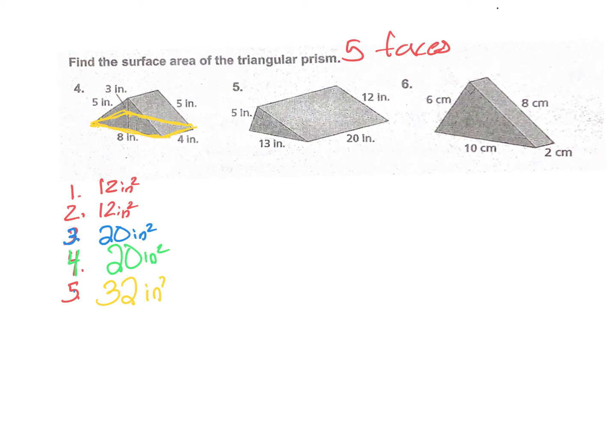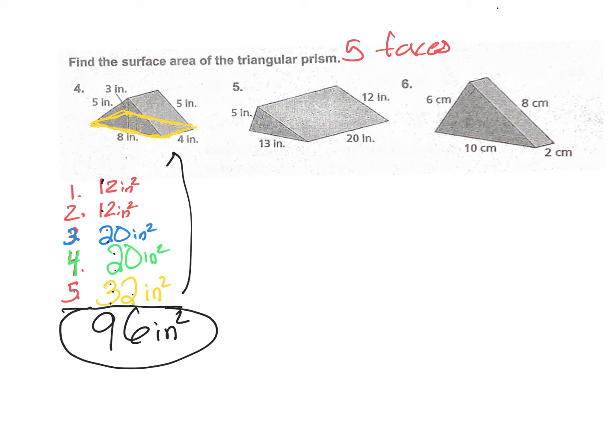Now, the way I get the total surface area, which is just the area of all the surfaces, or all the faces: 12 plus 12 is 24, plus 20 is 44, plus 20 is 64, plus 32. So the total is 96 inches squared. And that is my surface area for that triangular prism.